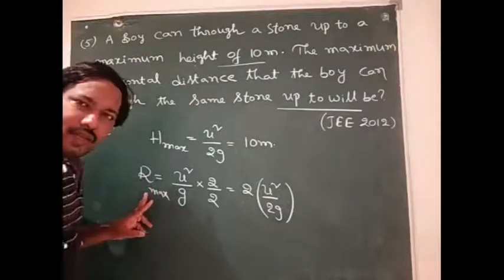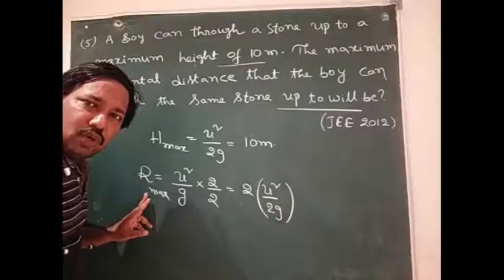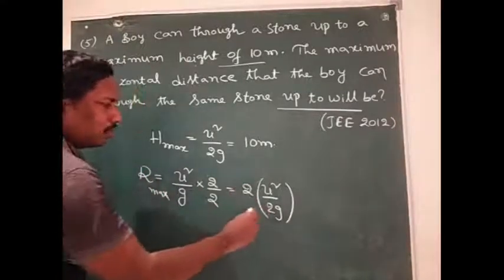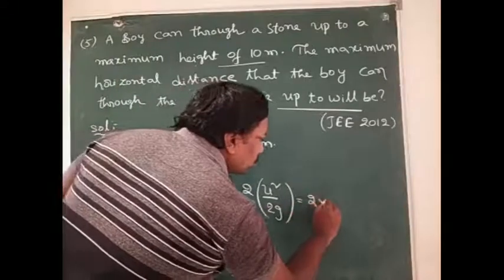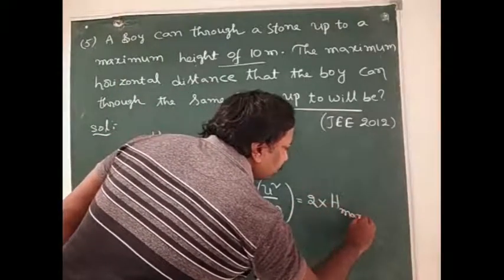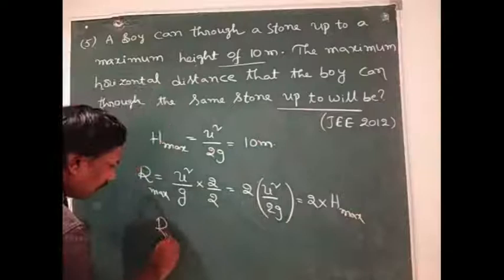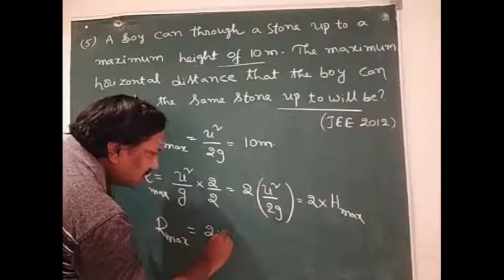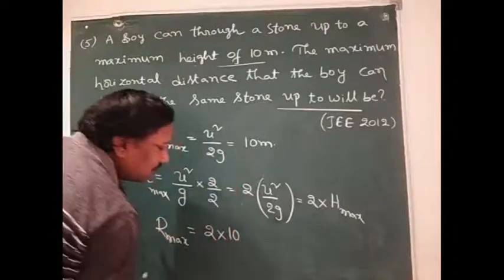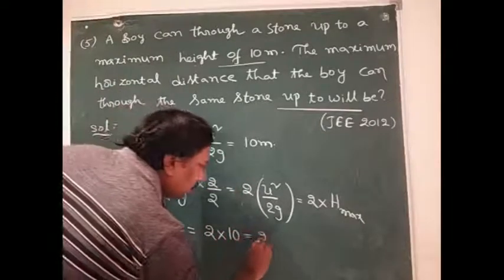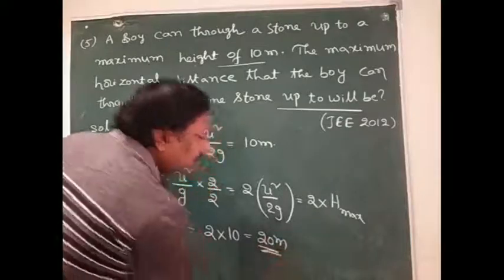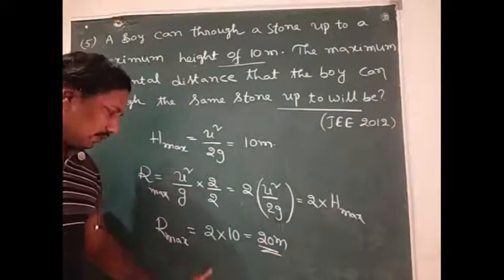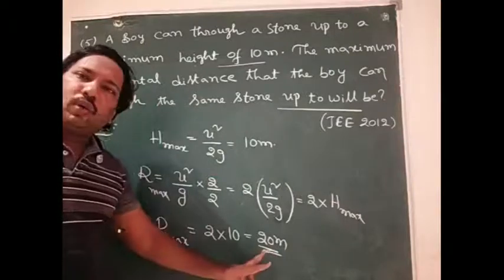So R maximum equals 2 into u square by 2g, that means 2 into h maximum. Therefore R maximum equals 2 into h maximum, given as 10 meters, that is 20 meters. So the maximum horizontal distance covered by the stone is 20 meters.